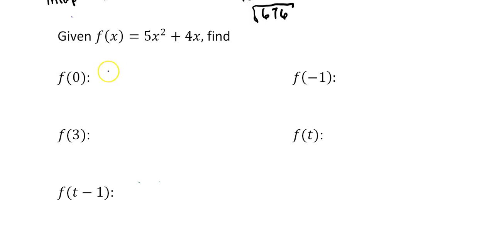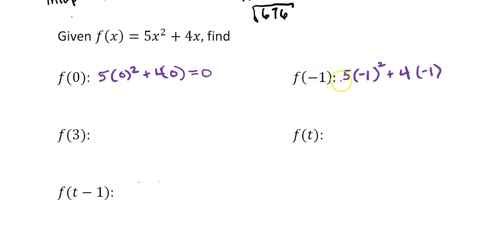All right, so here I'm going to have 5, and I'm going to have 0 squared plus 4 times 0, which is going to get me 0. That's pretty straightforward. All right, for my f of -1, I'm going to have 5, and then I'm going to have -1 squared plus 4 times -1. Now I'm going to remind folks the order of operations here is definitely going to matter.